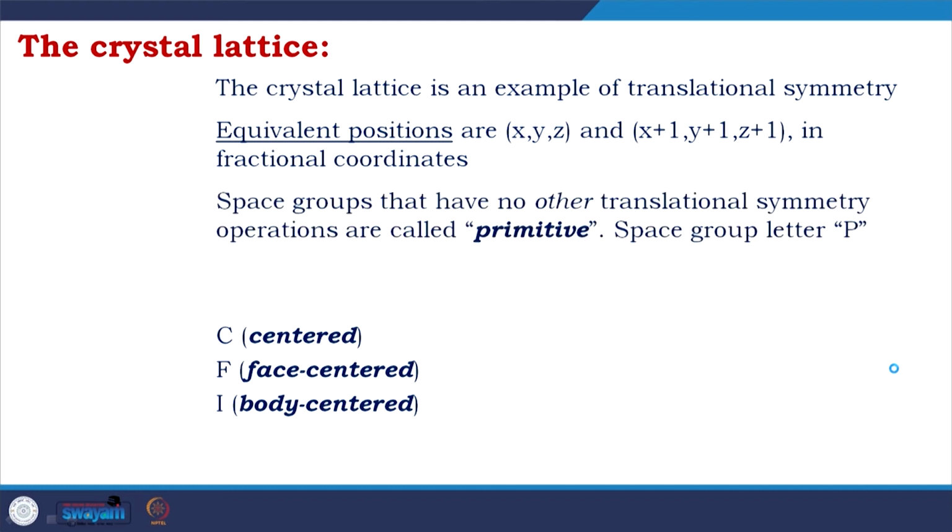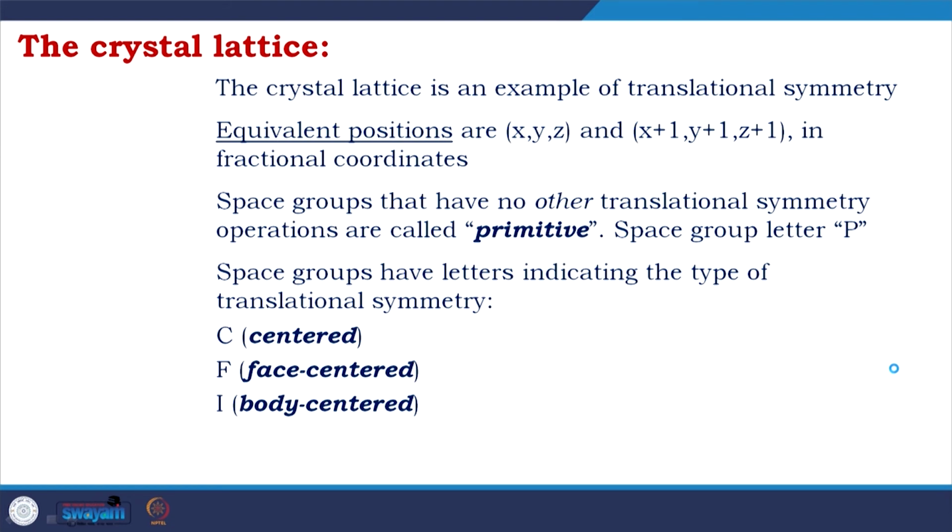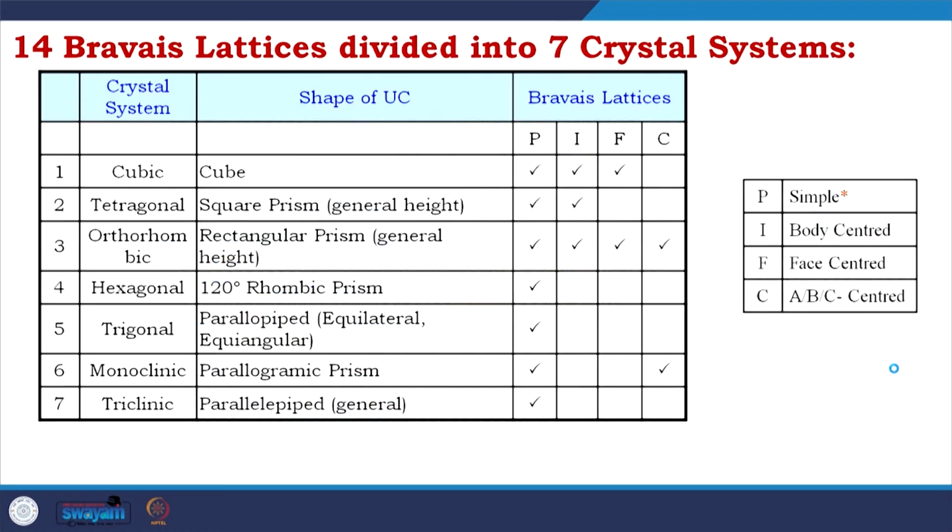Space groups that have no other translational symmetry operations are called primitive space groups and are represented with the letter P, but space groups have letters indicating the type of translational symmetry: C centered, so center-based translation, F centered and I body centered, and all those give rise to 14 Bravais lattices, which are divided into 7 crystal systems.